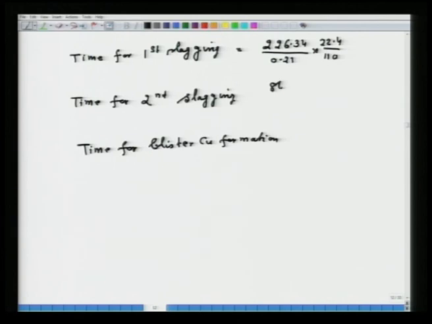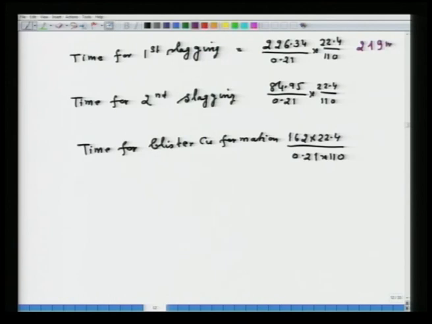For second slagging it will be 84.95 upon 0.21 into 22.4 upon 110. For blister copper it will be 162 into 22.4 upon 0.21 into 110. So the answer would be 219 minutes, the time for first slagging.